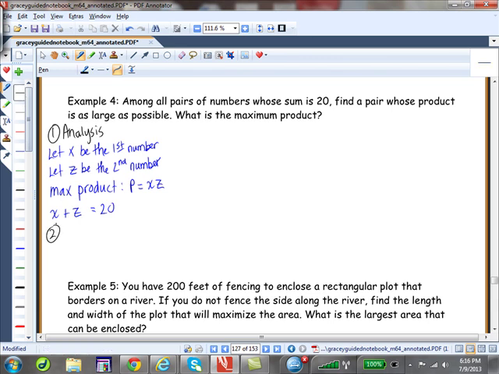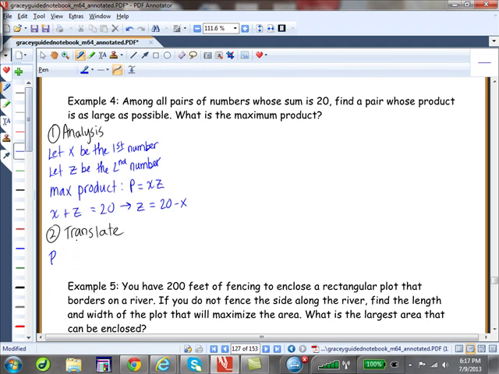So let's put that all together. And by the way, this would allow us, if we isolated z in terms of x, z is 20 minus x. So here we go. If we want to translate this stuff, what we end up with is P in terms of x alone. This is the trick.